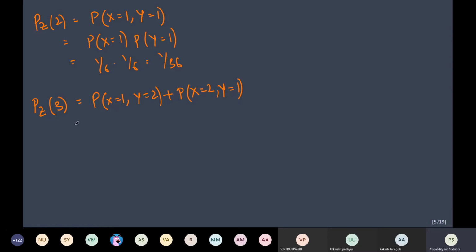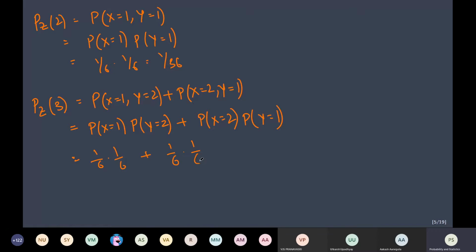That's how you get 3. Again, you apply independence: the probability that X equals 1 times the probability that Y equals 2, plus the probability that X equals 2 times the probability that Y equals 1. This is 1 over 6 times 1 over 6 plus 1 over 6 times 1 over 6, so this is 1 over 18. It's 2 times 1 over 36.